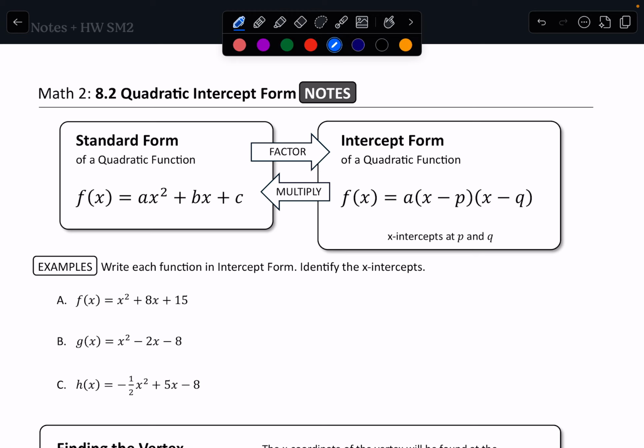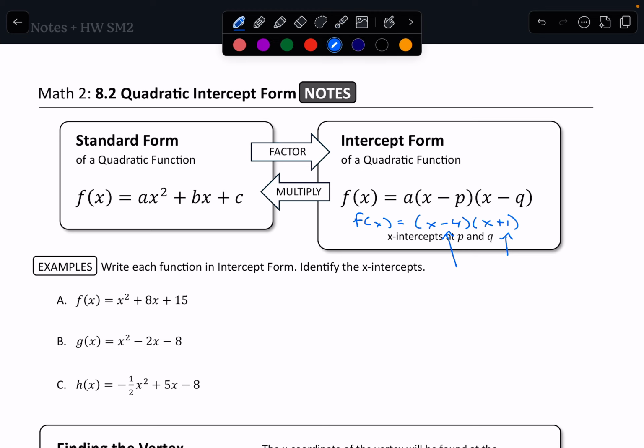Now, the reason we like intercept form is because once I get it in that form, if I go back to my f of x equals x minus 4 times x plus 1, once I have it written like this, these two parentheses tell me where my function is going to cross the graph.